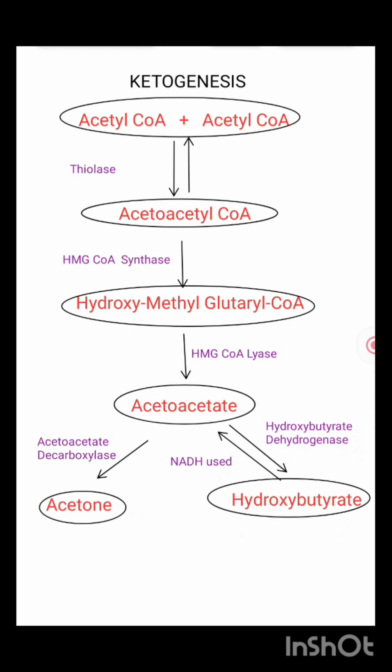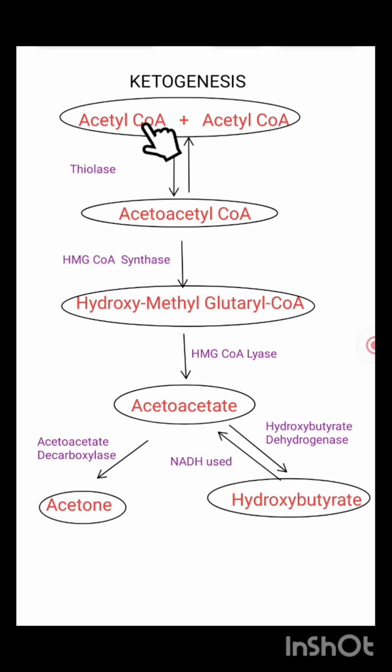And these acetyl-CoA molecules cannot go into the TCA cycle because during this period of starvation there is limited oxaloacetate because it is being used in gluconeogenesis. So the acetyl-CoA that is produced in the liver at this time may not have sufficient oxaloacetate to combine with in the TCA cycle.